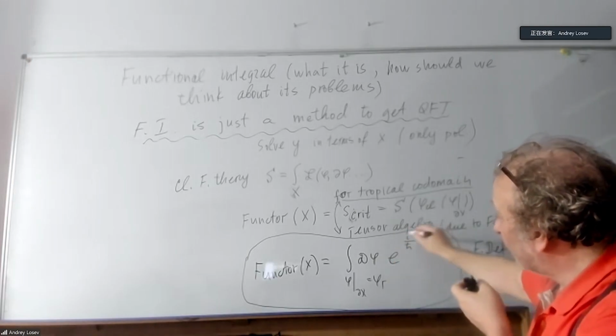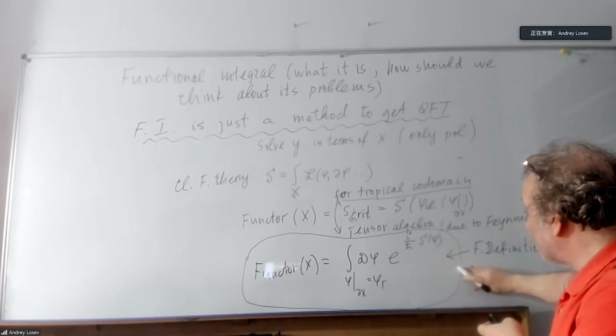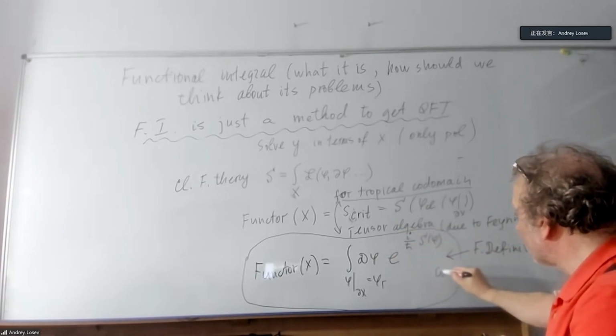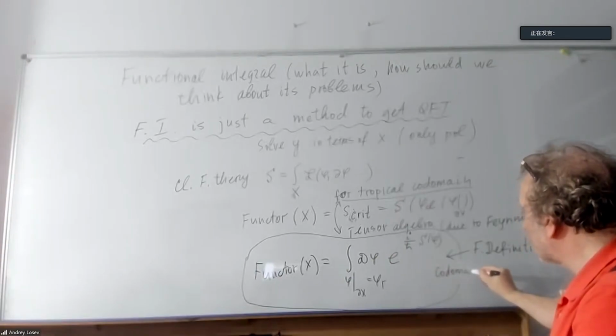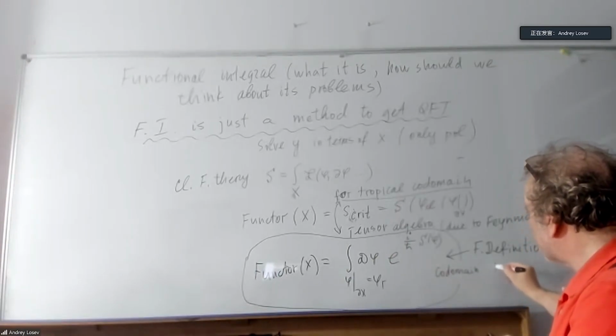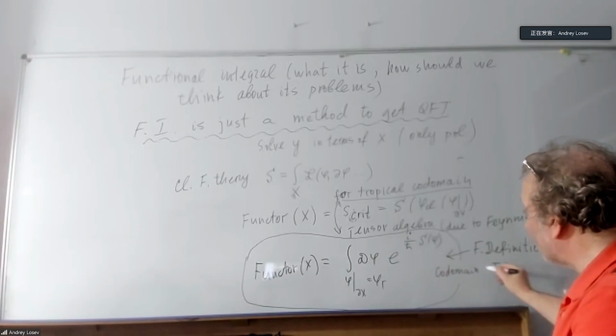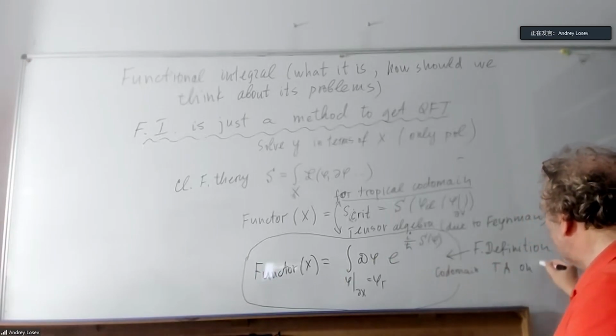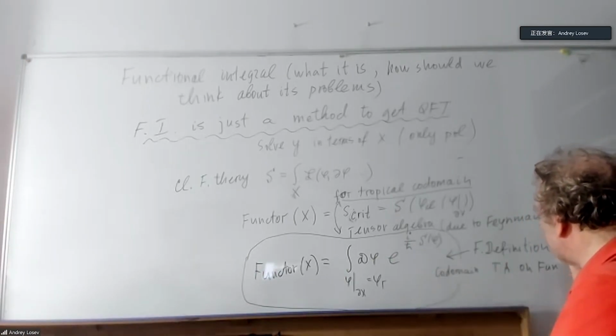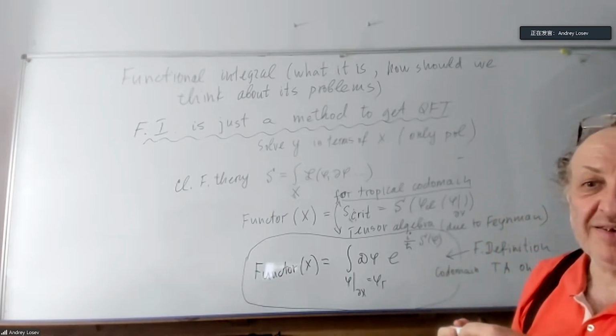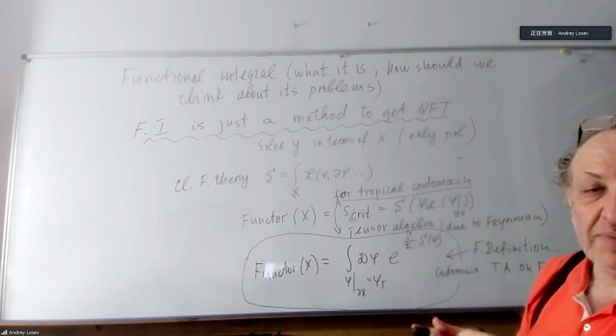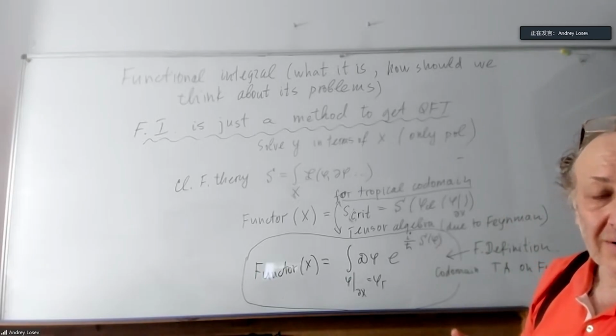And you see, it actually takes values. What is the codomain? It's a tensor algebra, of course, on functions of phi gamma. But when you have a tensor algebra, you need to specify the ring, okay?